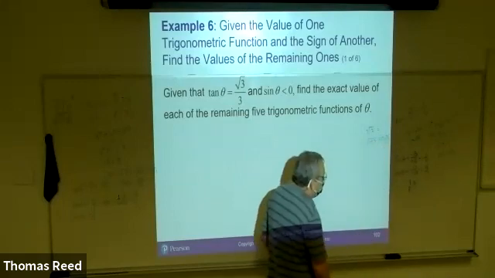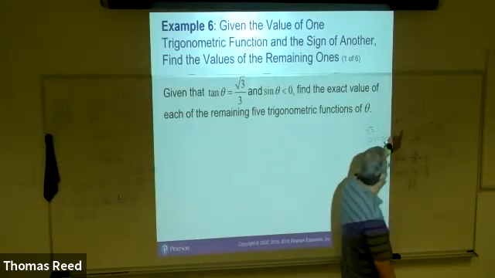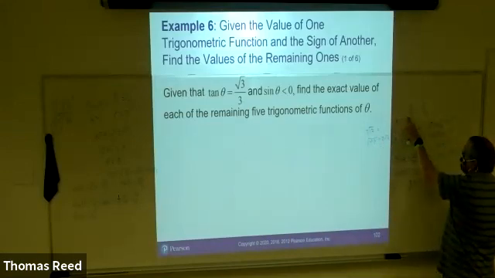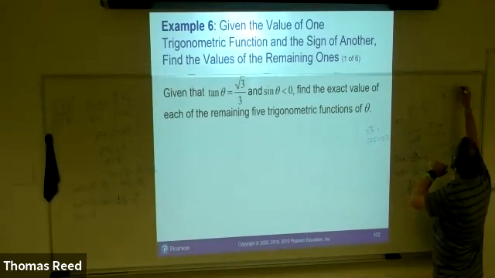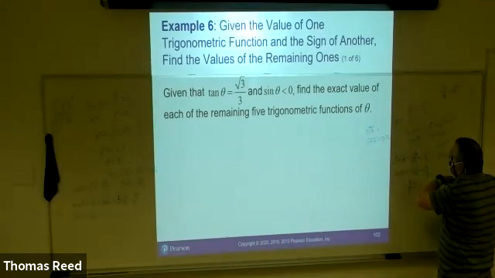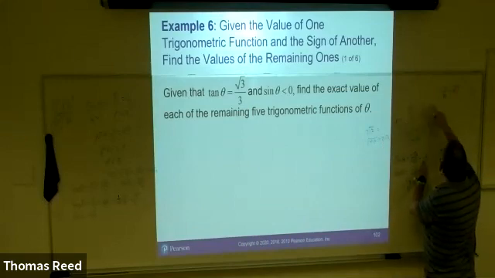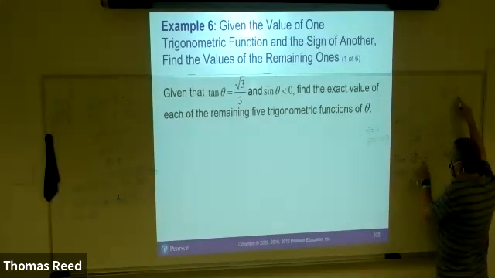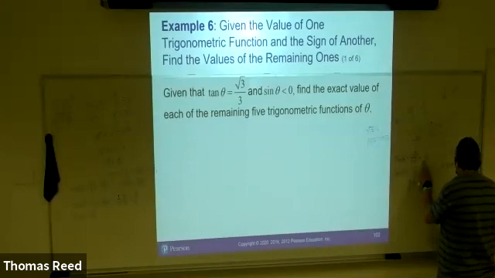Okay. Cotangent is just flipping this fraction. So that's going to be 3 over the square root of 3, which winds up being the square root of 3. Cosecant is a reciprocal, and cotangent has the same sign as tangent, so it's positive. And the others are going to be negative. So the reciprocal of a negative 1/2 is a positive 2. I mean, a negative 2.